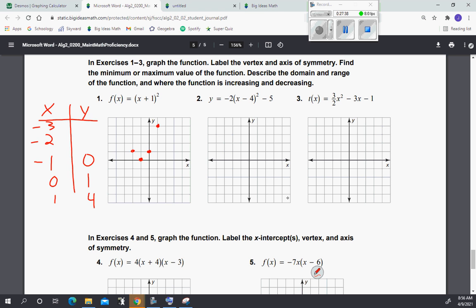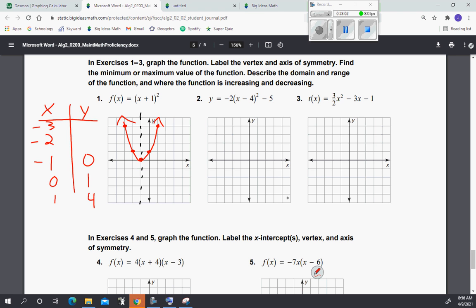You just go on the other side of that axis of symmetry. Okay, so this point up top at 1, 4 is 2 away from my axis of symmetry, so I'm going to 2 on the other side. There we go. There's my parabola.